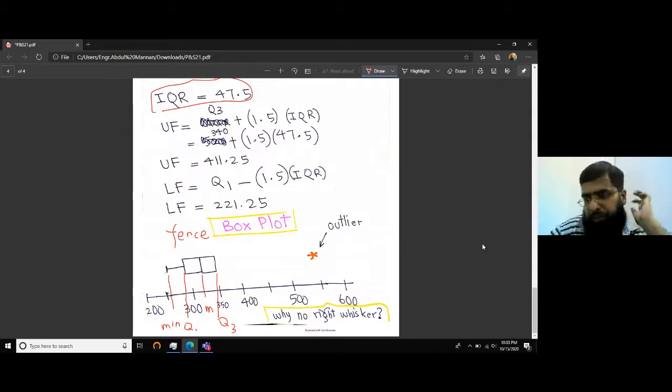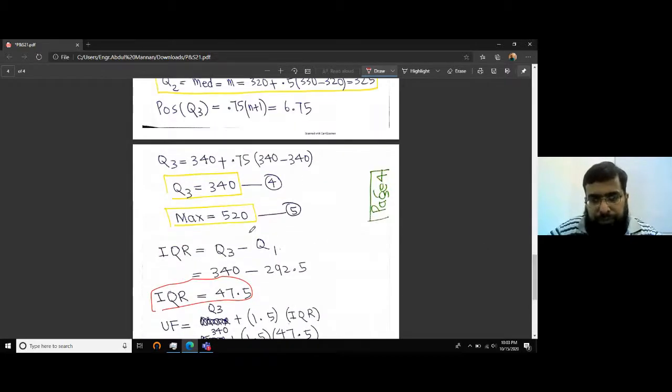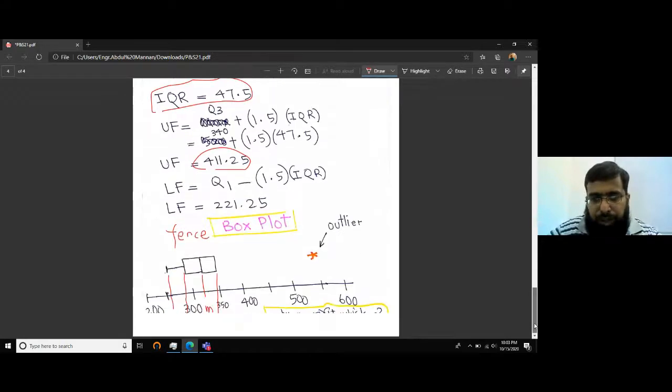Why? Because what is the max number? The max number is 520. And what is the upper fence? UF is 411. If you draw the upper fence at 411, it's usually drawn with a dotted line. So this is your upper fence.